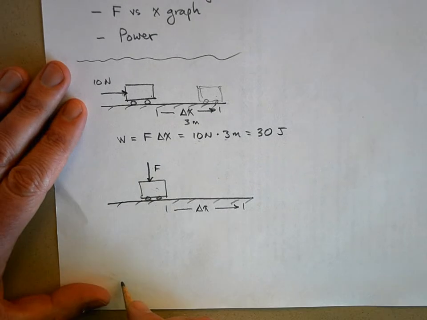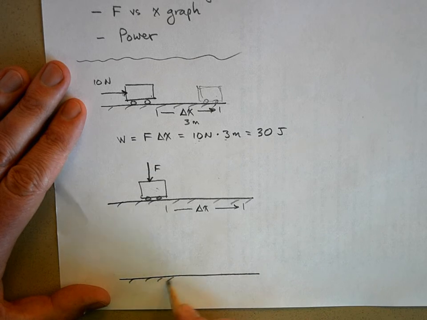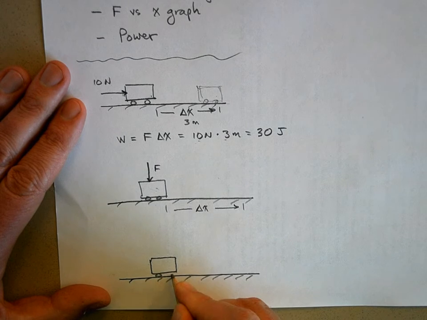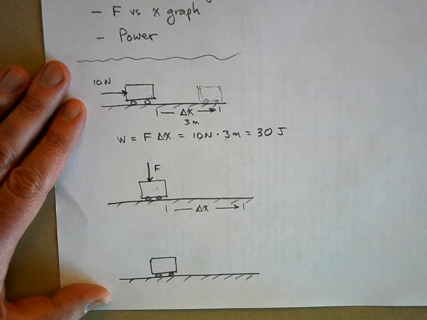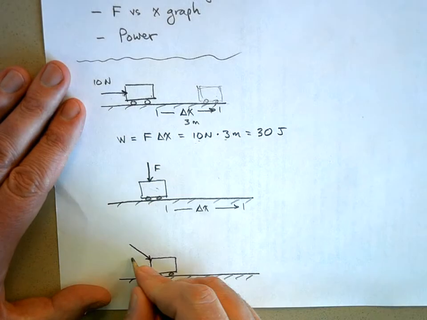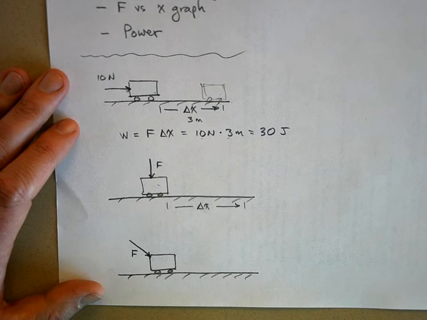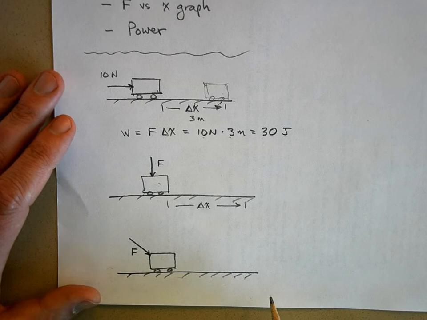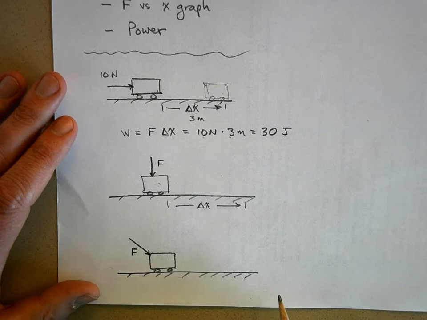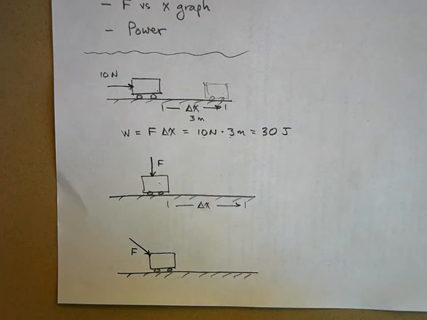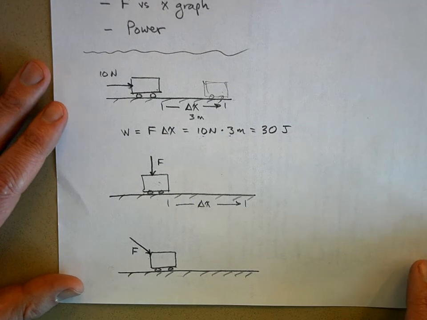Well, let's take a look at a situation like this. Let's combine these situations. What if I've got a force like this? Here's my force F. Now, there's no friction here, okay? Is this object going to change its velocity? Is it going to change its kinetic energy? Yeah, it's going to go faster and faster. But I think you can see that only part of the force is making that happen. Right?